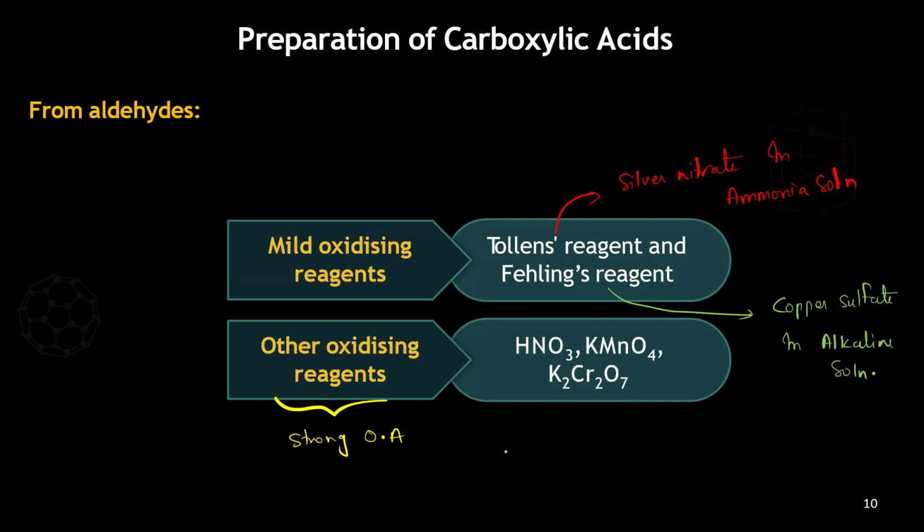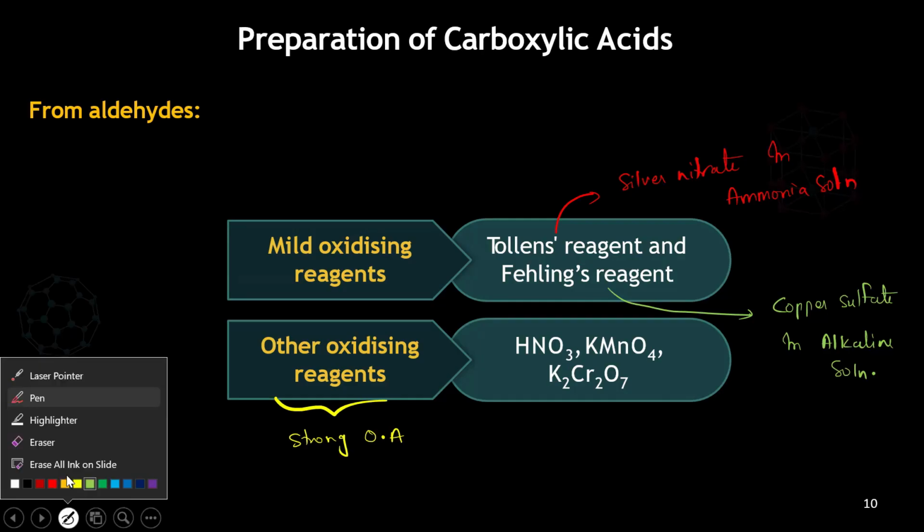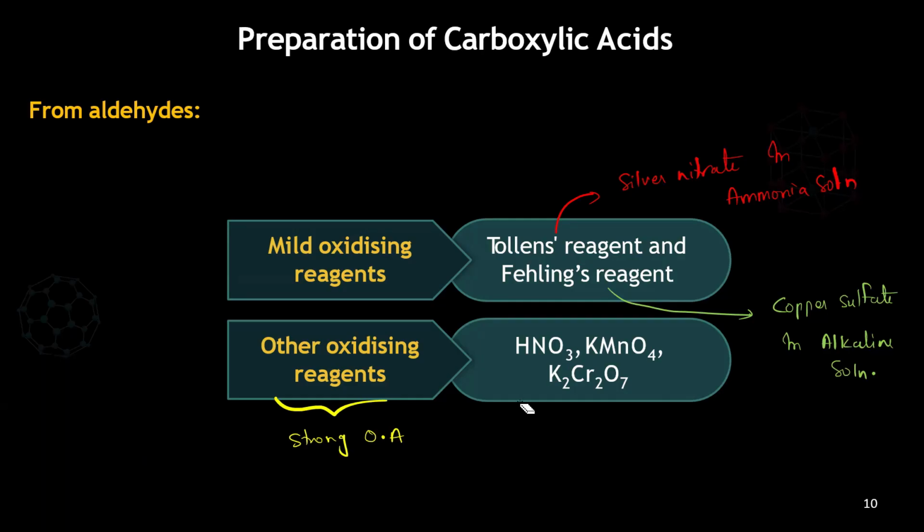And here you are using the strong oxidizing agents. It could be nitric acid, potassium permanganate, or potassium dichromate. Know these names. This is potassium dichromate. This is potassium permanganate. And this is nitric acid.